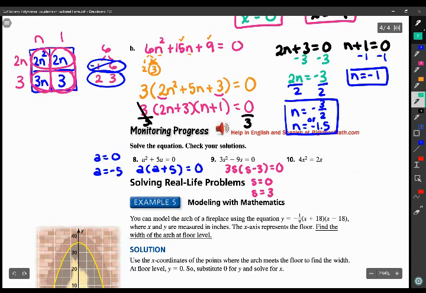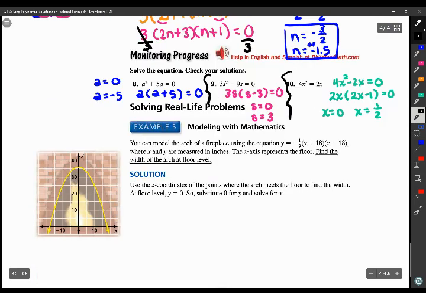And then your last one, you needed to make sure that you moved them both to the same side as your first step. And then when you take out your greatest common factor, you should have taken out a 2x and got 2x minus 1. And then when you set them equal to 0, you should have got x is equal to 0 and x is equal to positive 1/2. If you didn't get those answers, make sure you're asking for some help.